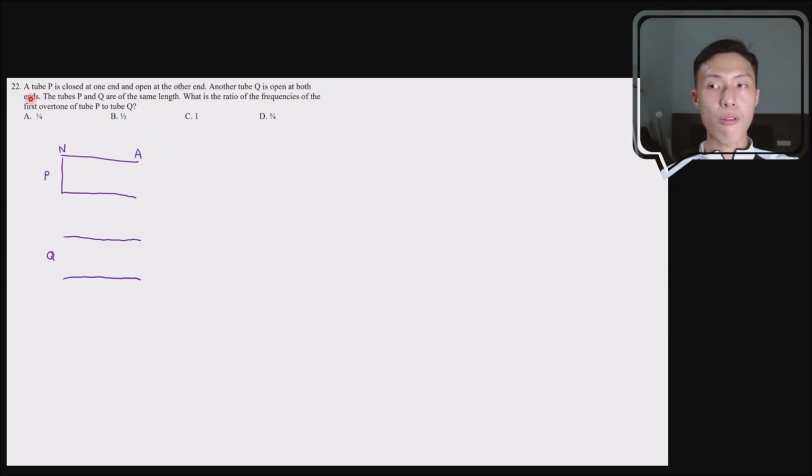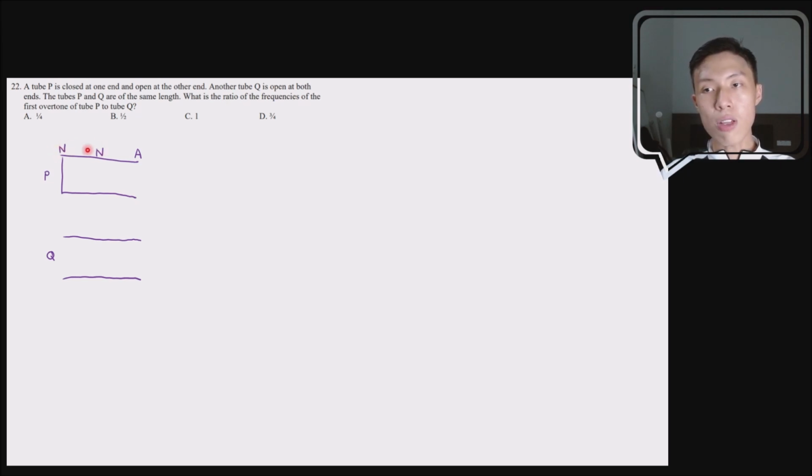But now they ask for the first overtone. Therefore, we introduce one more node into the system. Every time you go up by one overtone, you introduce a node inside, then you create the next overtone. If you put your node over here, something will be wrong, because node and node cannot be side by side.